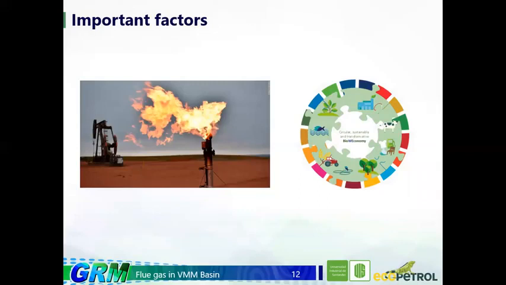Also, it is necessary to indicate that Colombia has a decrease in its gas reserves, and these gas reserves are mainly used for the population.